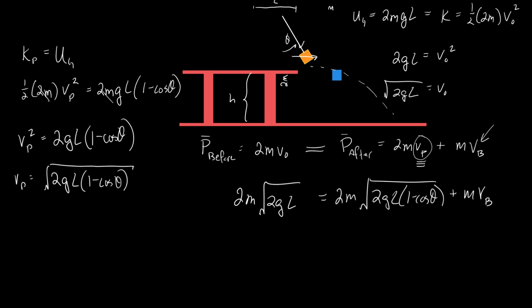Yay, look how pretty this is. All the m's cancel out. That's nice, right? So we cancel out all the m's. And we get 2 root 2gL minus 2 root of 2gL times (1 minus cosine theta) equals vB.